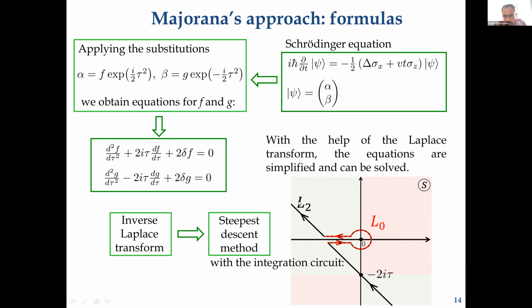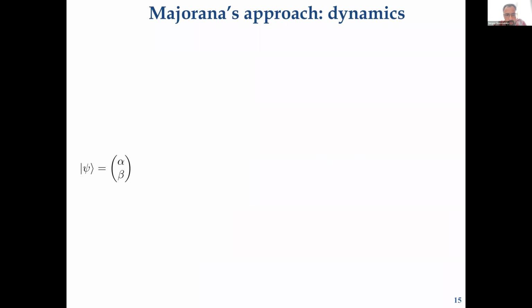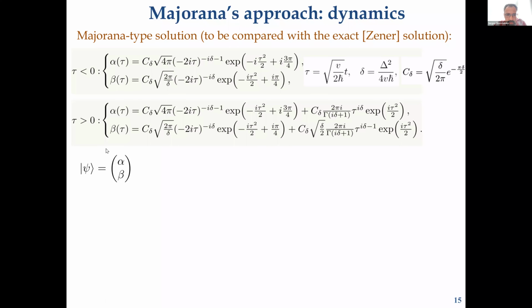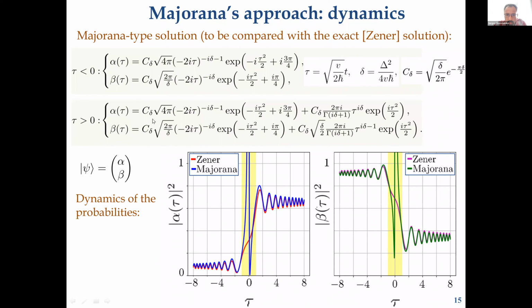These are quite technical details. And then we obtain for the state vector, for its components alpha and beta, such lengthy expressions, which I visualize here. Look, for this very simple system, for 1 qubit, a 2-level system, being driven by a linear signal, not the exact but the asymptotic solution looks quite complicated.